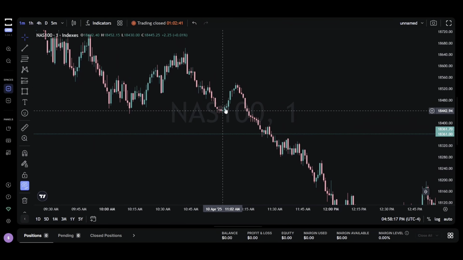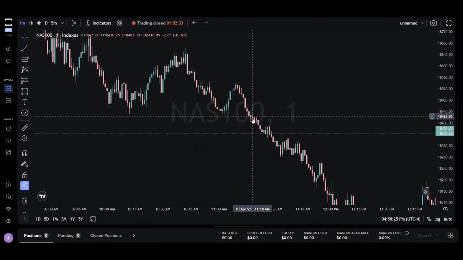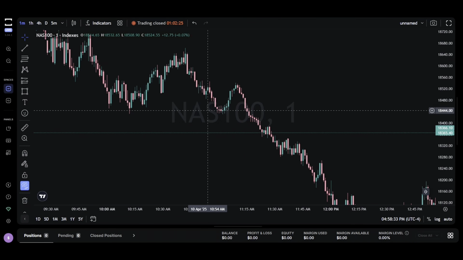Green is typically bullish. On other charts, you may see red, but I use pink. You can choose whatever colors you want. Some people use black and green for psychology reasons, but these are the colors I use.